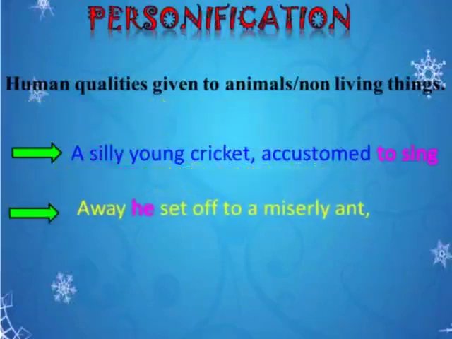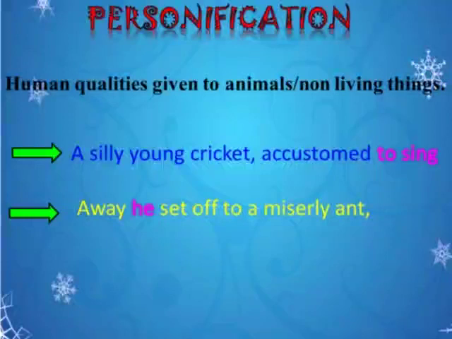Next, away he set off to a miserly ant. If you see, throughout the poem, he is being used to refer to the cricket and I is being used for the ant. Now, what do we normally use these pronouns for?